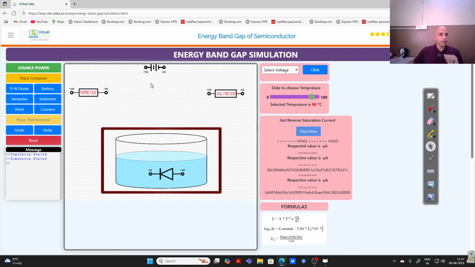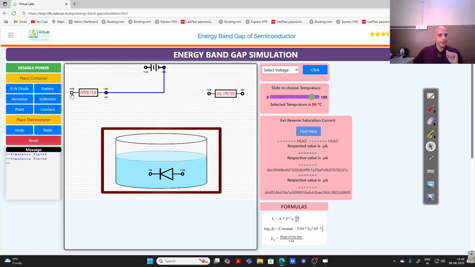Now I have to go for the circuit, right? So in the circuit the PN junction diode is reverse biased. So we will start from the negative, right? So click on connect, then click negative, then click on the negative of the ammeter, right? Clicked.